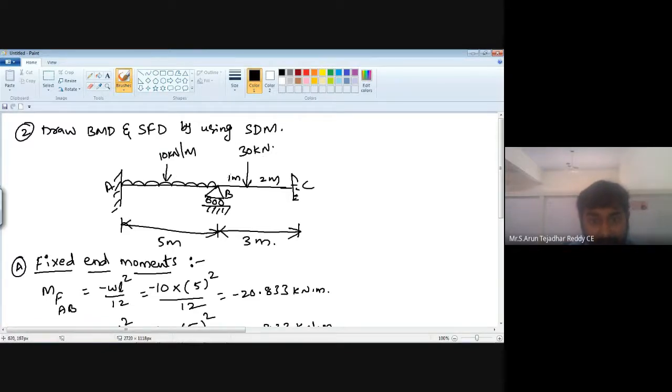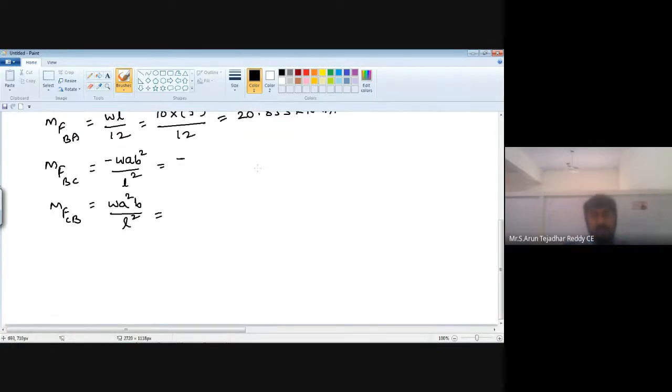Here 1 meter we can indicate as A equal to 1 meter, B equal to 2 meter. Now substitute the values: W is 30 kilonewton into A 1 meter and B 2 square, and the span of BC is 3 meter, so 3 square.